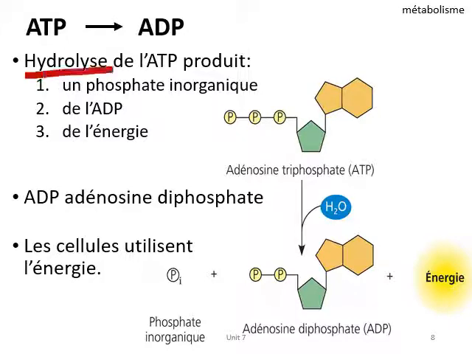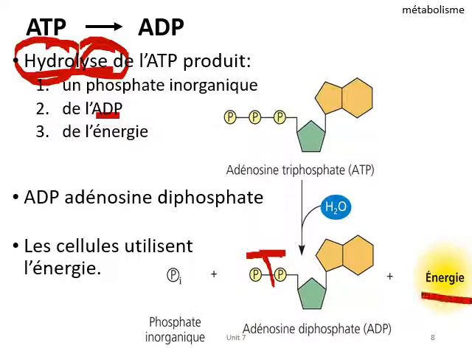We call this hydrolysis because the water splits off a molecule. Removing a phosphate unit results in only 2 phosphate units, which is ADP, diphosphate, plus energy.